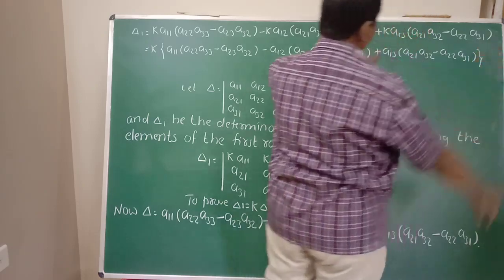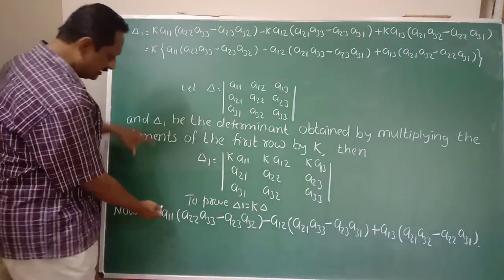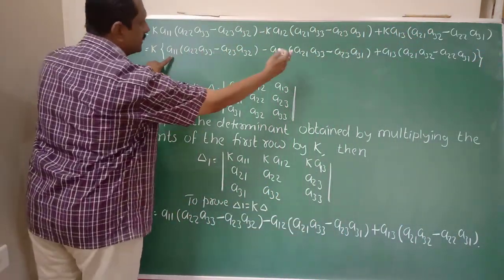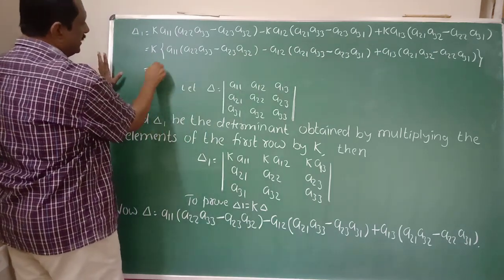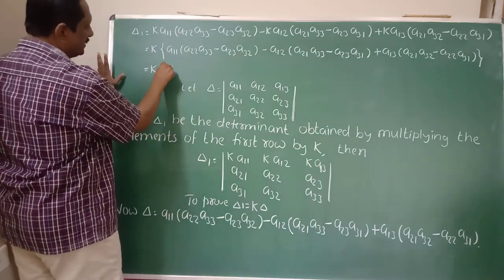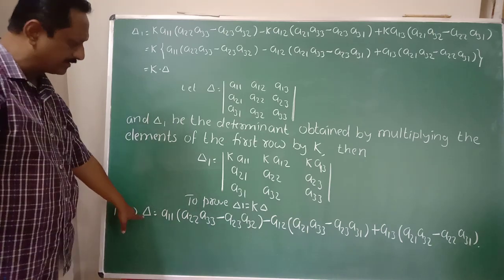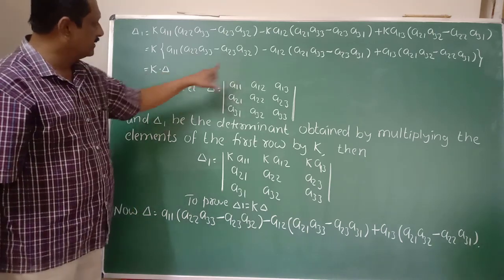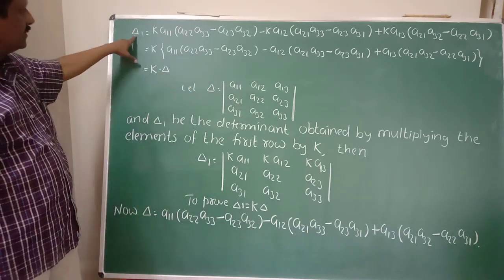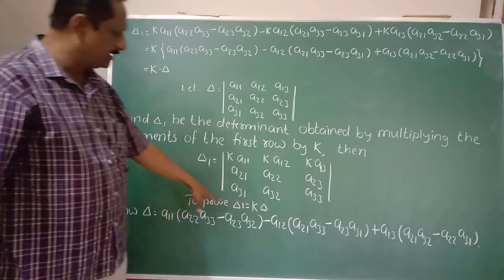So the bracket is complete. Just observe here, these elements are the same, therefore we can write this as delta, using the earlier result. Hence, delta 1 is equal to k times delta.